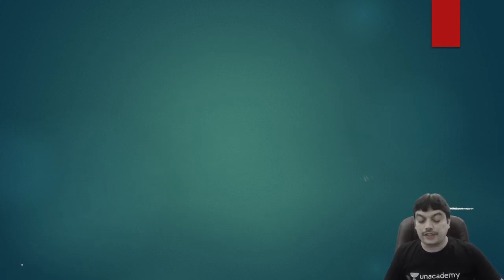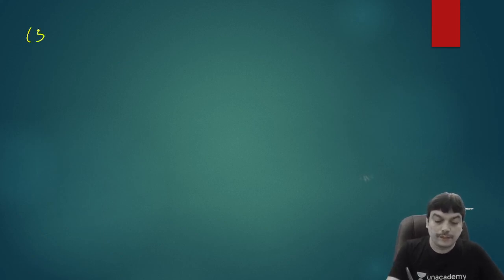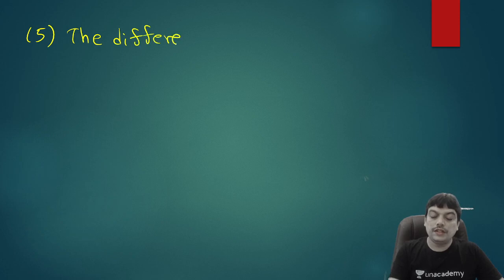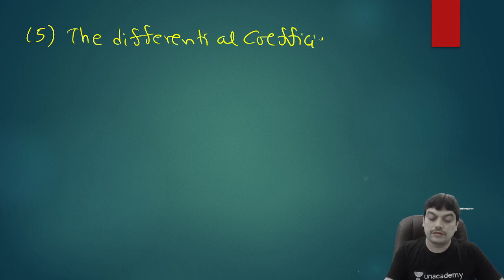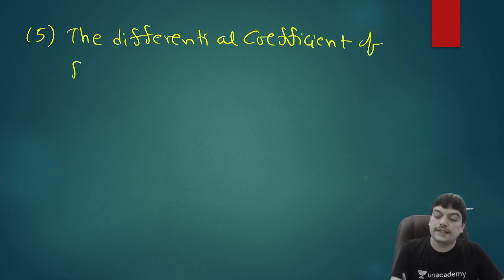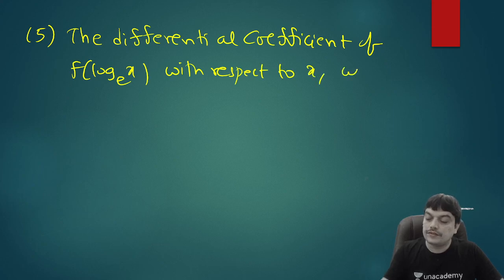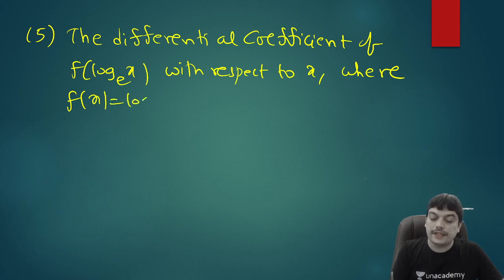Now let's proceed to the next question, the fifth one. We have to write down the differential coefficient of f of log x with respect to x, where f of x equal to log x to the base e is.